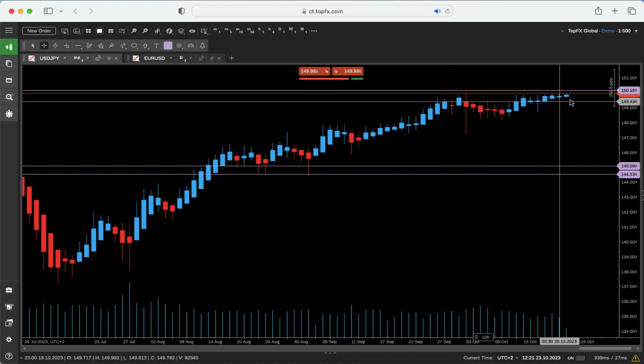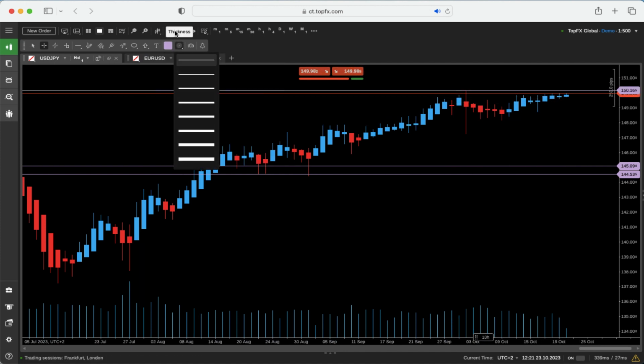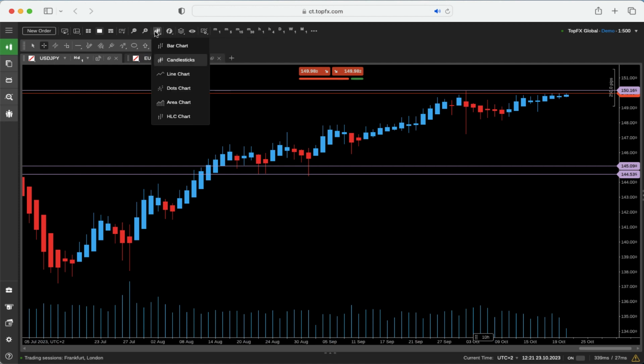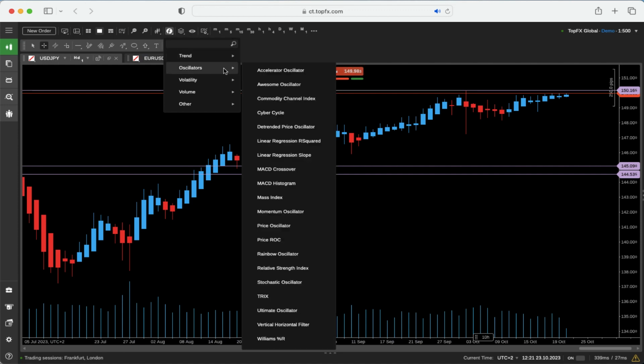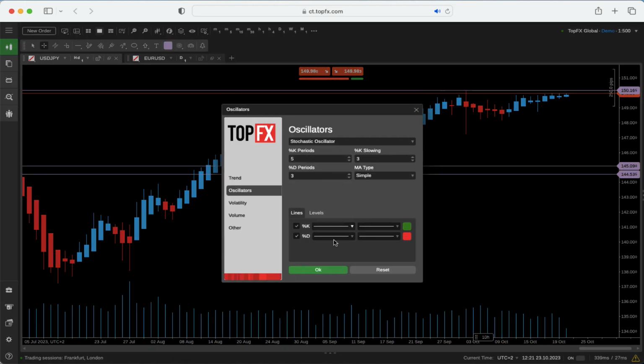So let's say if we see this situation here, if we take, for example, some kind of oscillator, because we can use indicators as well, right? And if we add the typical stochastic indicator to this chart, yeah. So let's go to the stochastic oscillator. We won't change anything.